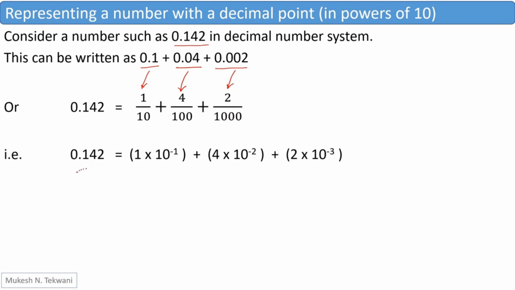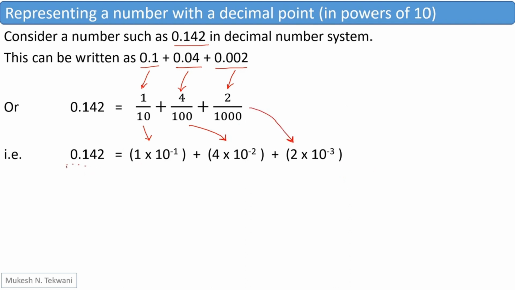That means we can write 0.142 as 1 into 10 raised to minus 1. So you have 1 upon 10. When the 10 is taken up in the numerator, we have 1 into 10 raised to the power minus 1 plus 4 into 10 raised to minus 2 plus 2 into 10 raised to minus 3.